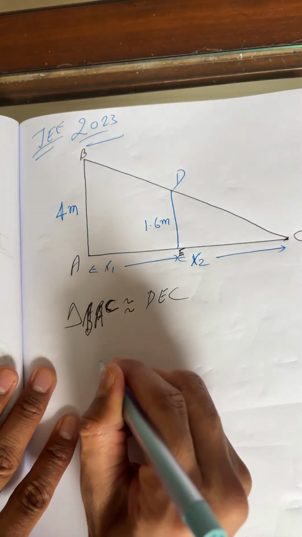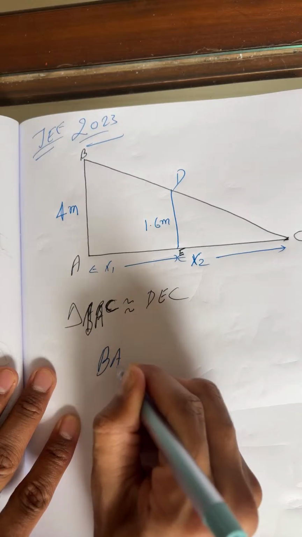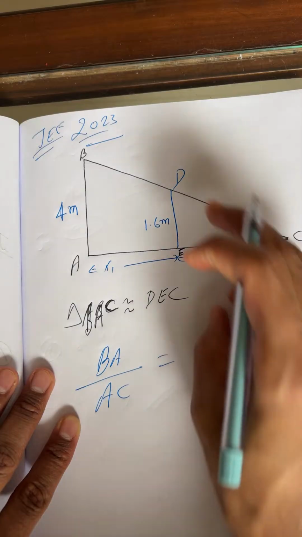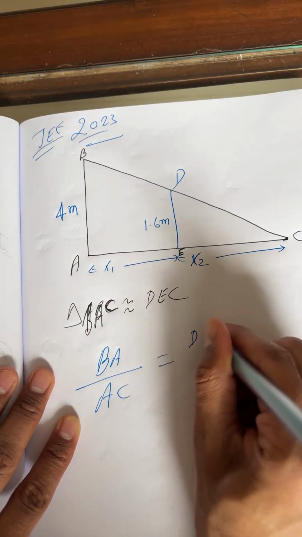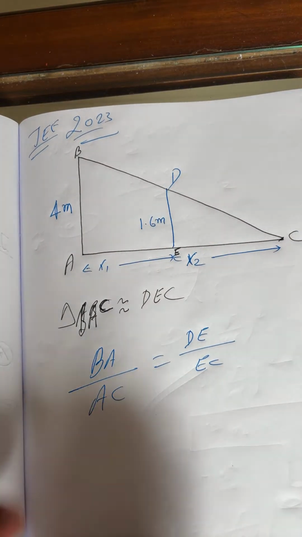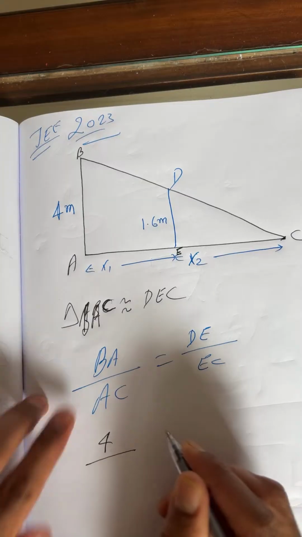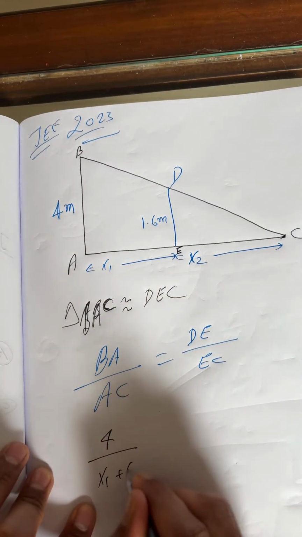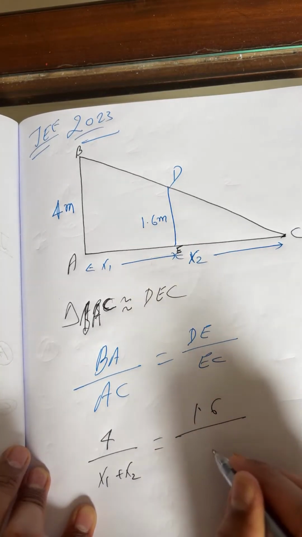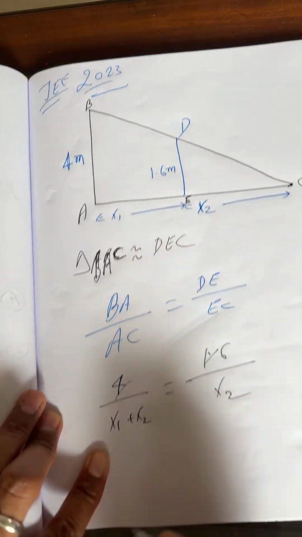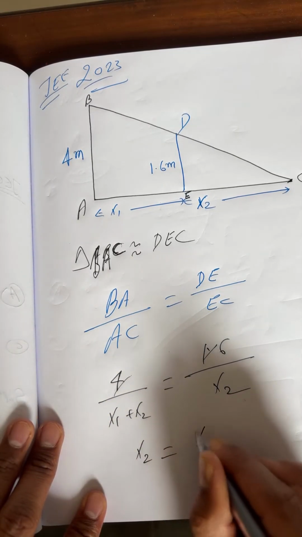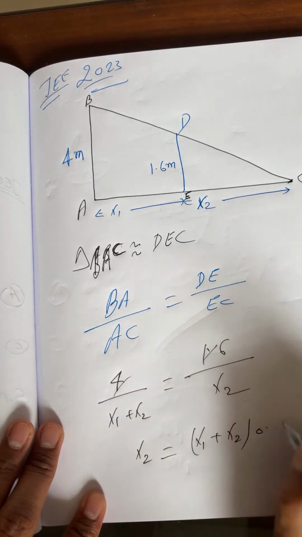I can write BA upon AC is equal to DE upon EC. So BA is 4, AC you can write as x1 plus x2, DE you can say 1.6, and EC is x2 here. So you can write x2 is equal to x1 plus x2 into 0.4.